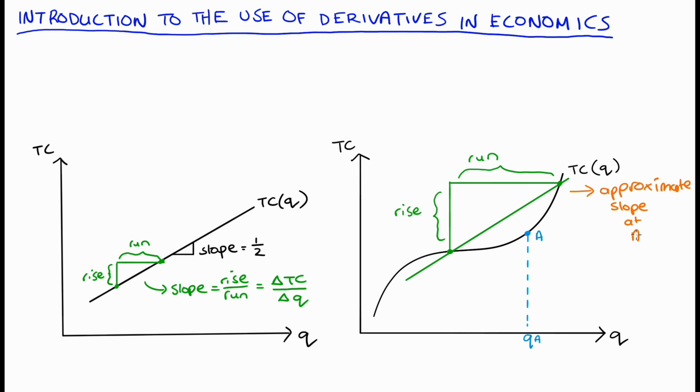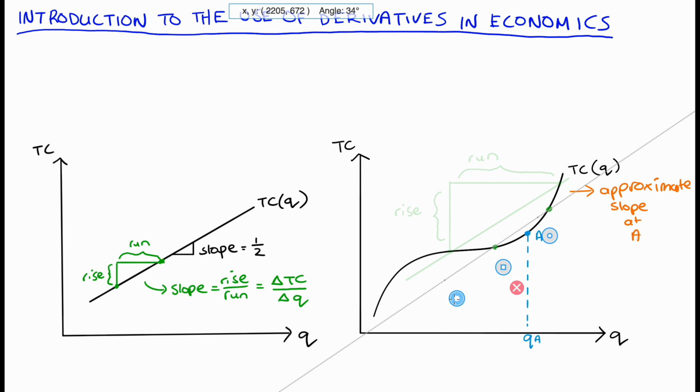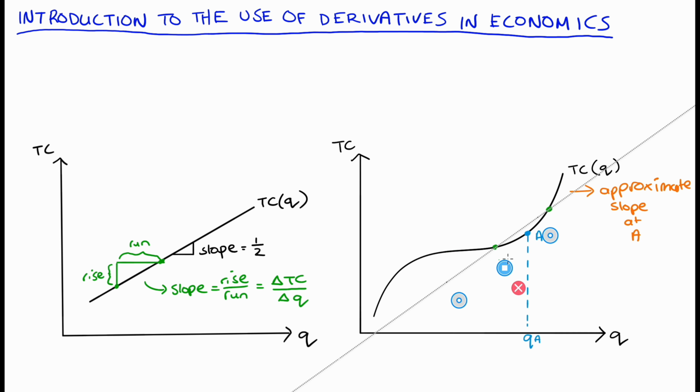And what you'll find is that the closer we take our rise over run, so the smaller the interval between our 2 points, the more accurate the approximation will be. And actually, when we take the derivative, we're going to narrow the gap between these 2 points so much that basically we're taking that rise over run to be in terms of an infinitesimally small change.